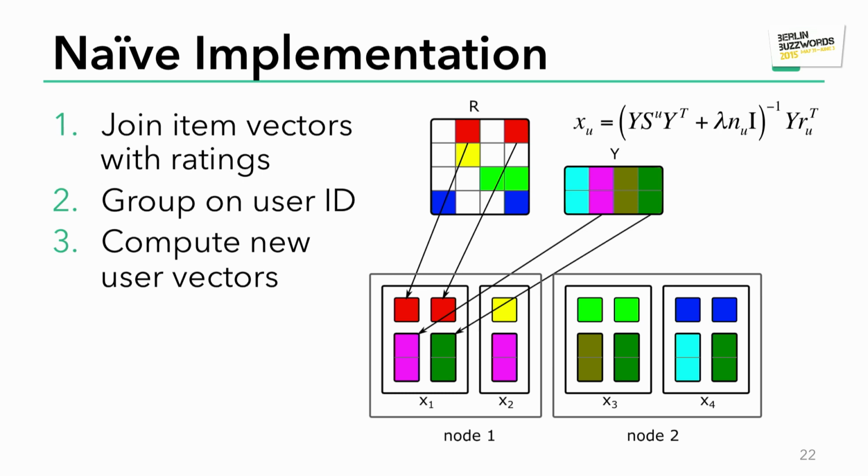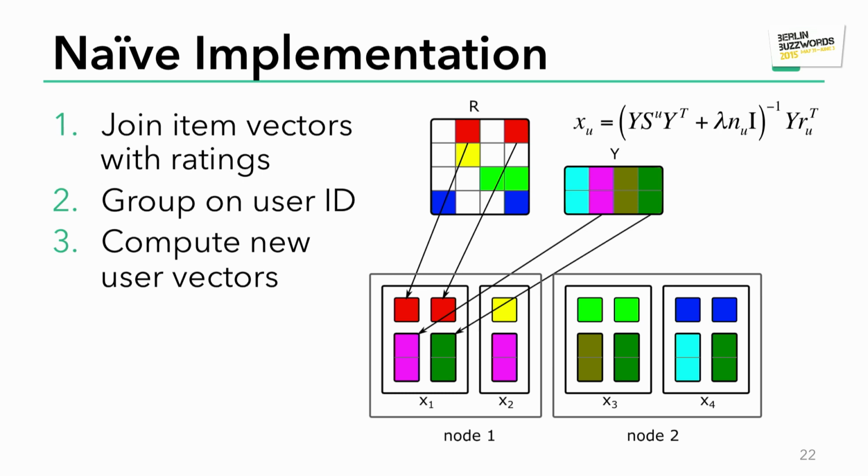We can get this information to one place by first joining the rating matrix with the item matrix, where we use the column ID as the join key, and then grouping these pairs on the user ID or row index of the rating matrix. That's all we have to do to get all information in one place to compute the updated value for x1.